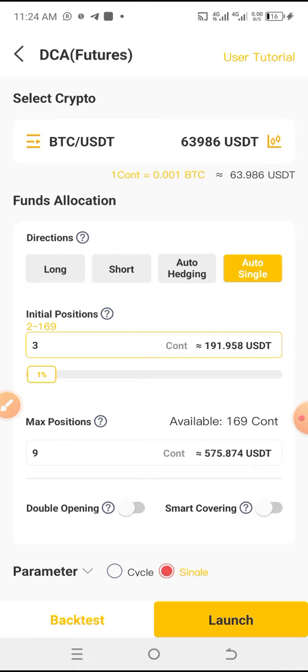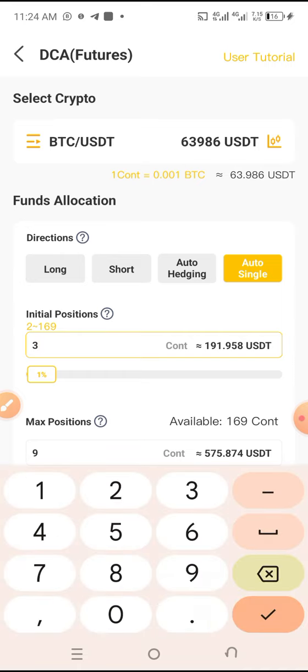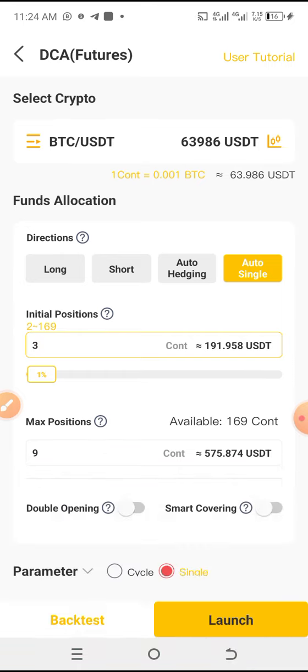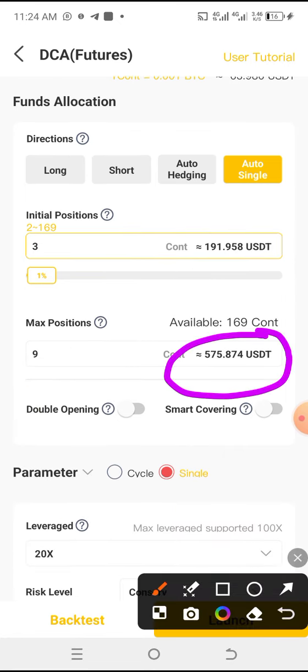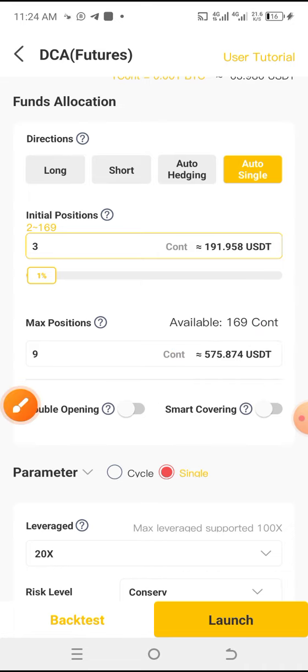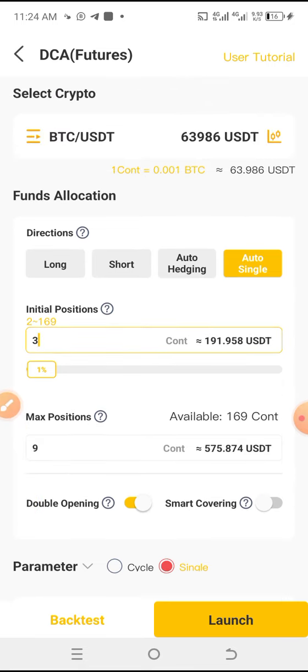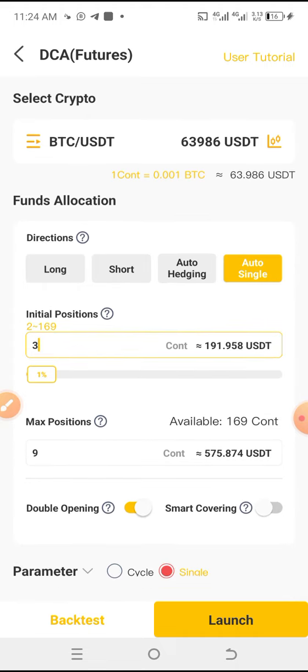Now, BTC, the least you can buy here is 2. So probably these settings automatically work for 575 dollars. Now let's do something. Let me try and turn on the double. When I turn on the double, as you can see, $575, it's giving me an error here.